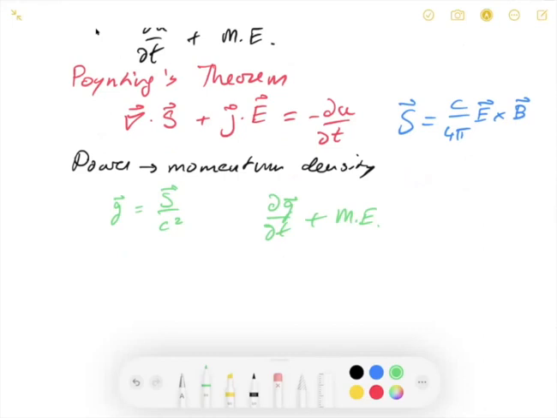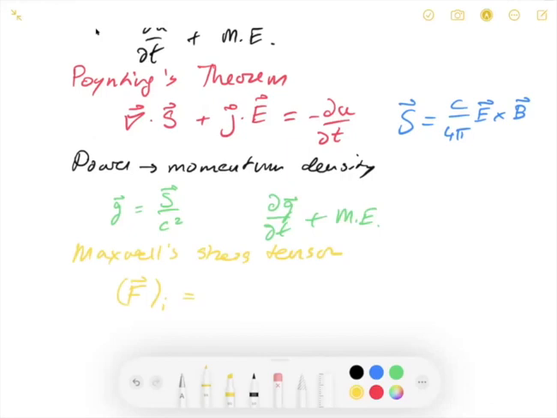And then we arrived at our stress tensor, Maxwell's stress tensor, and using that we get our force.